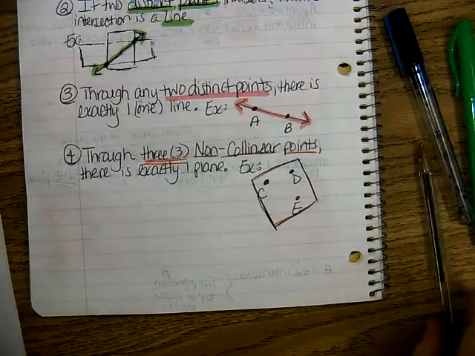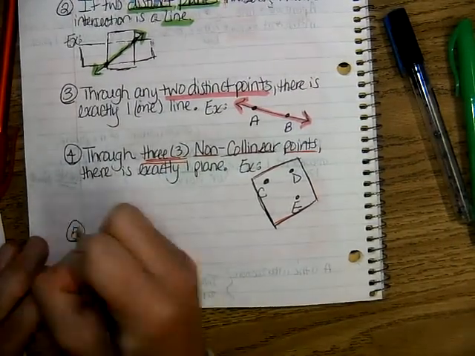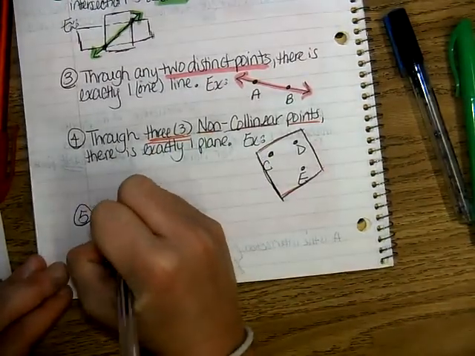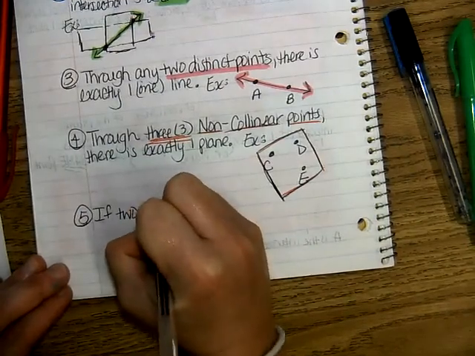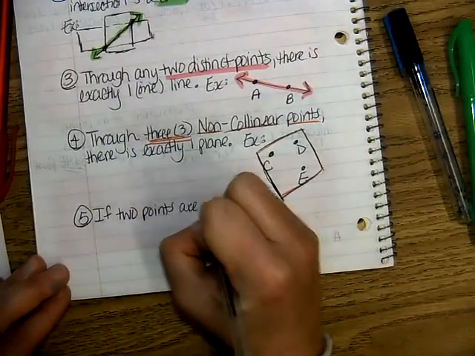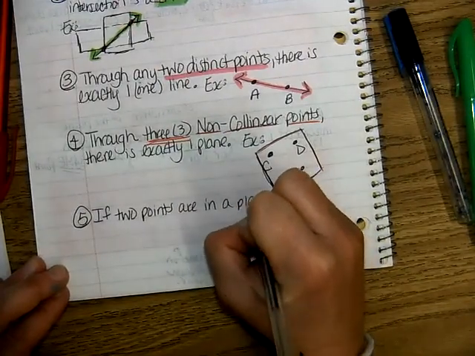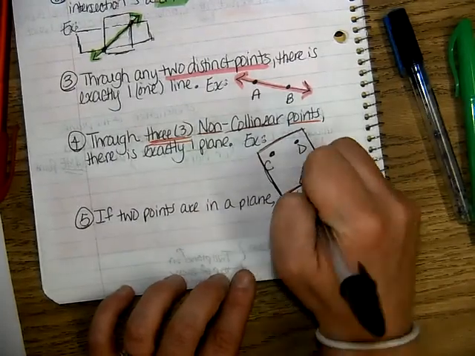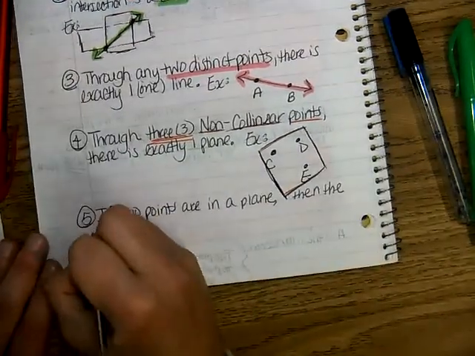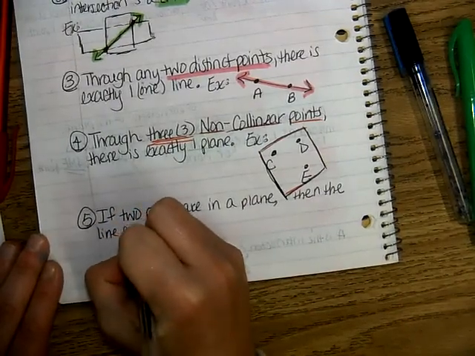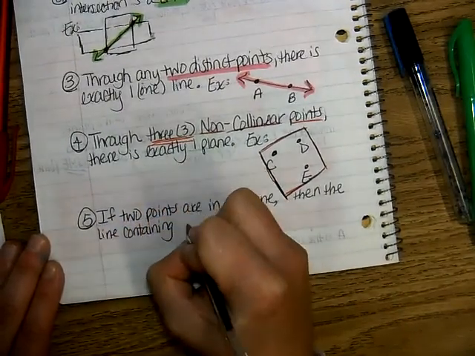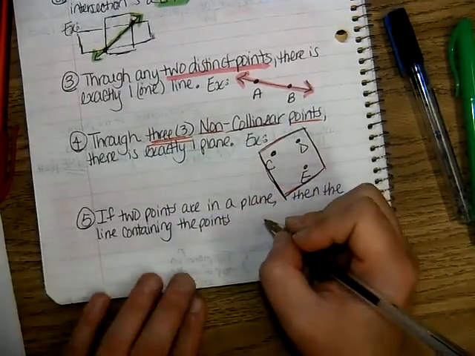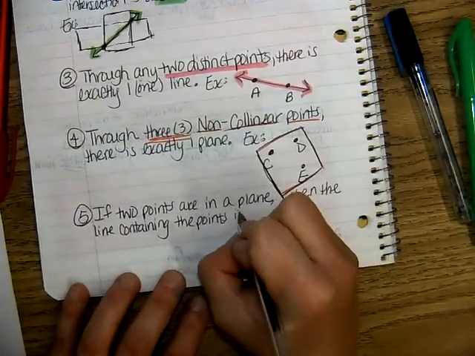Our last statement is if 2 points are in a plane, then the line containing the points is in the plane as well.